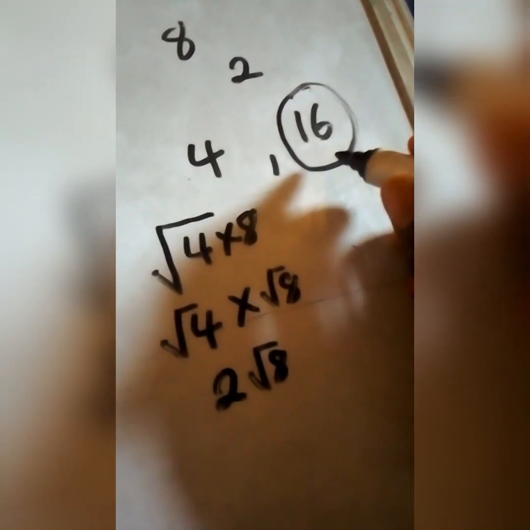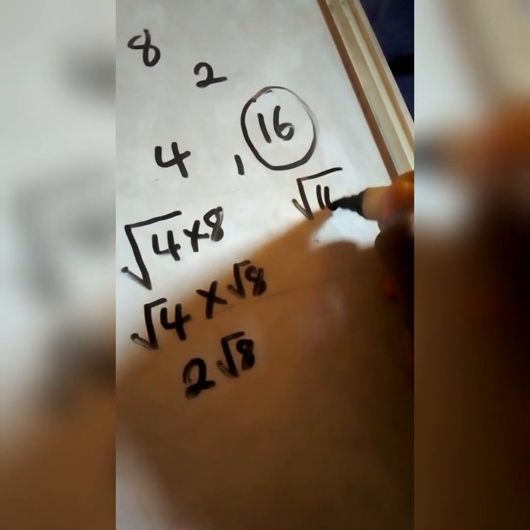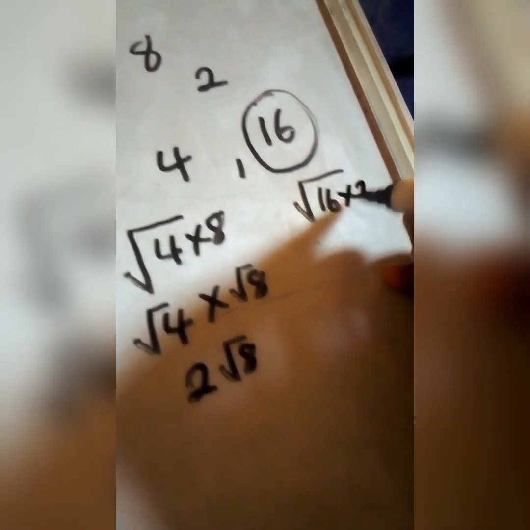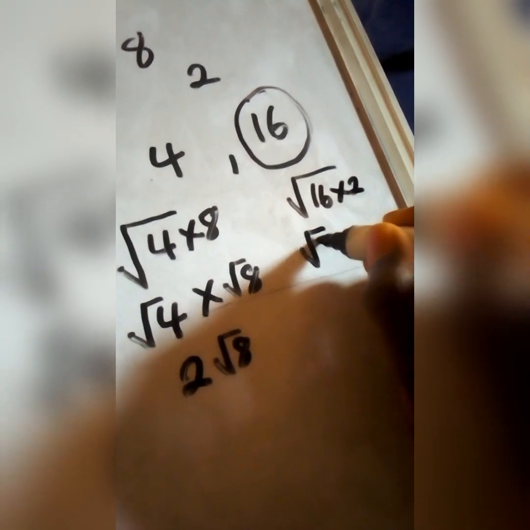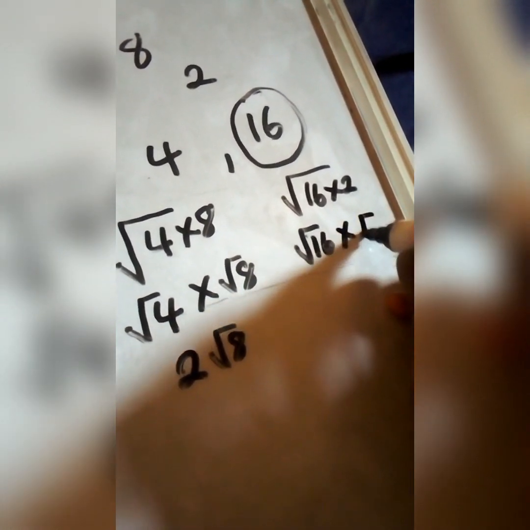But if we use 16 now, it's going to be root of 16 times 2, which is root 16 multiplied by root 2.